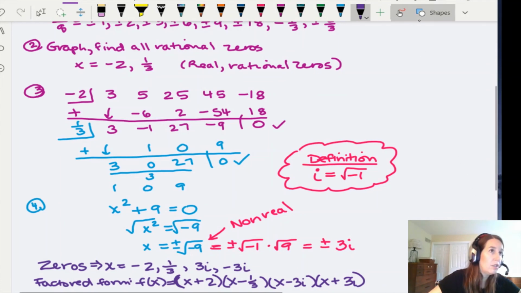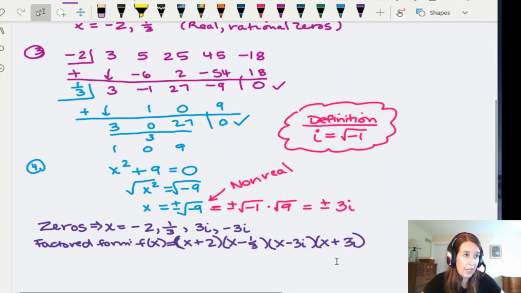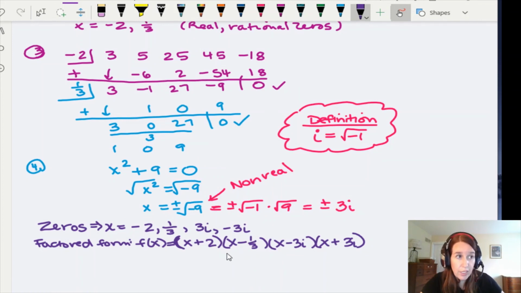All right, so to finish this problem, most of the time you're going to see x minus a third written as 3x minus 1, right? That gives the 0 1/3. And this 3, remember that our initial problem had a leading coefficient of 3 on the x to the 4th.